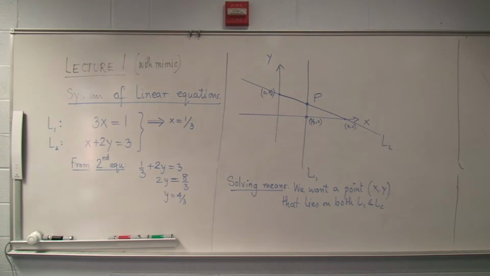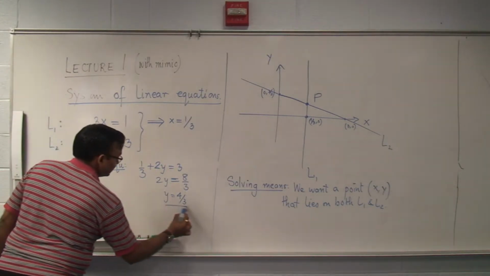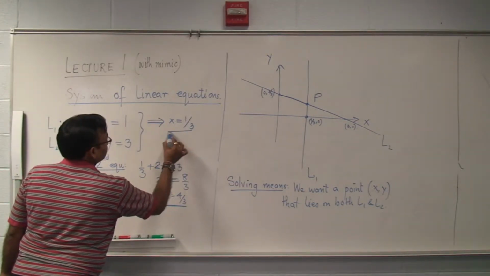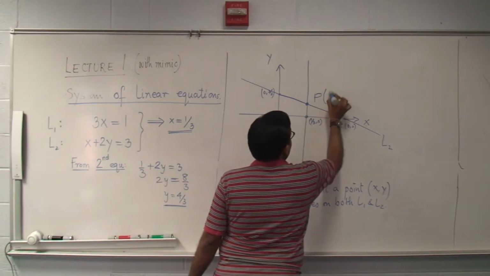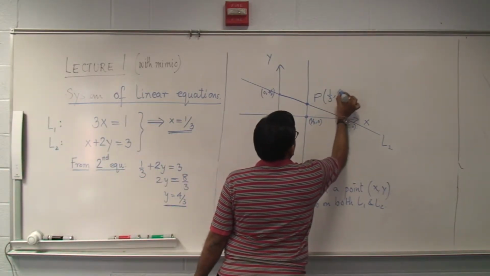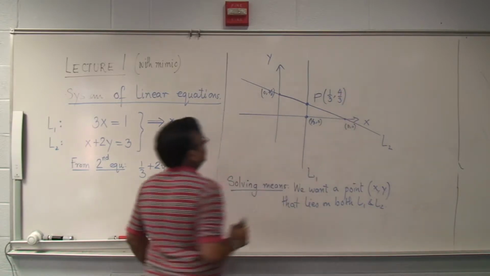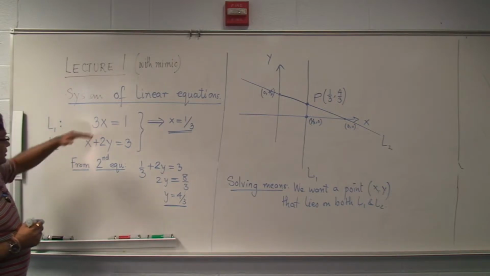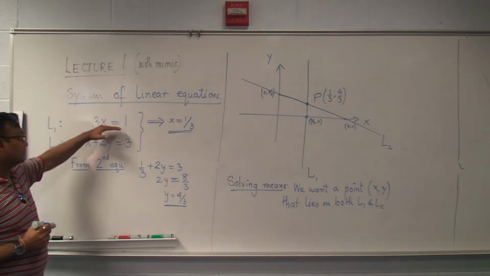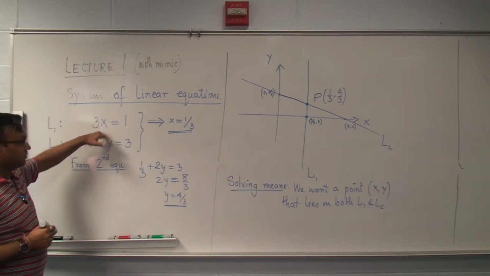That means x = 1/3, y = 4/3 is the point that we are after, and this would be our common point which lies on both the lines. One thing is for sure, the coordinates of that point definitely satisfy the first equation, because the first equation just says x must be 1/3.